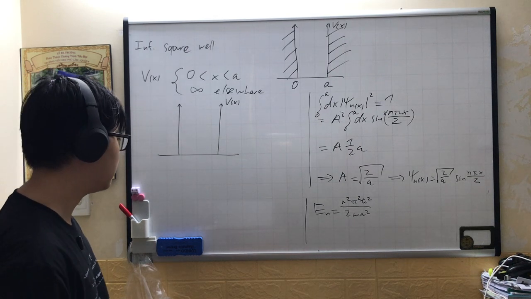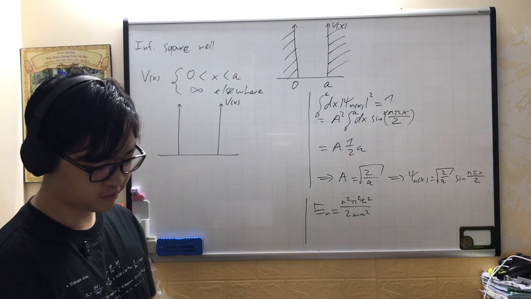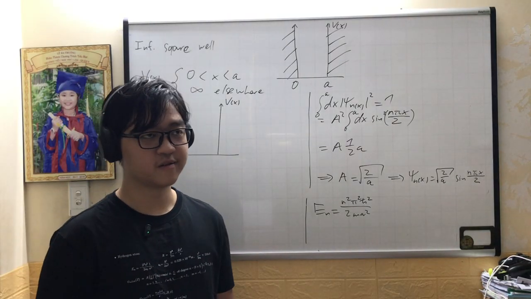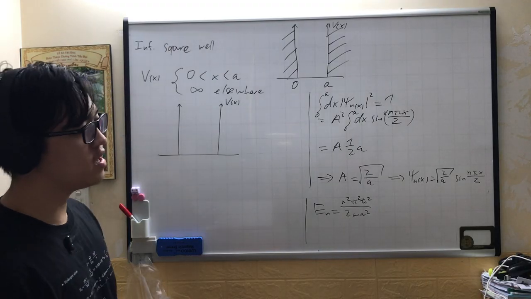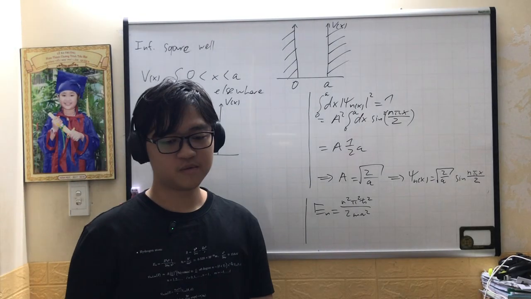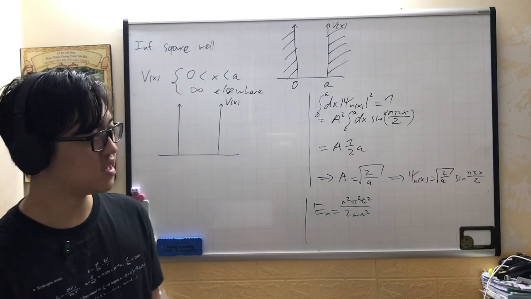So how would you graph these energy eigenstates? First, you gotta know the properties of the states. When you have an infinite square well potential, there would be two properties mainly.